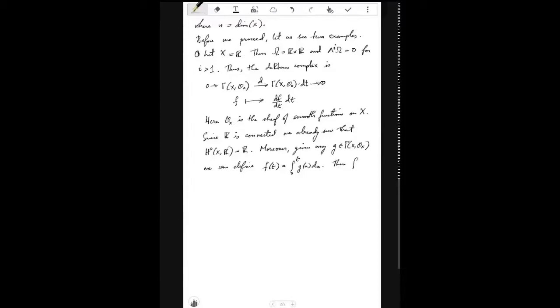Then f satisfies df by dt is equal to g. So what this shows is that the map d is surjective.